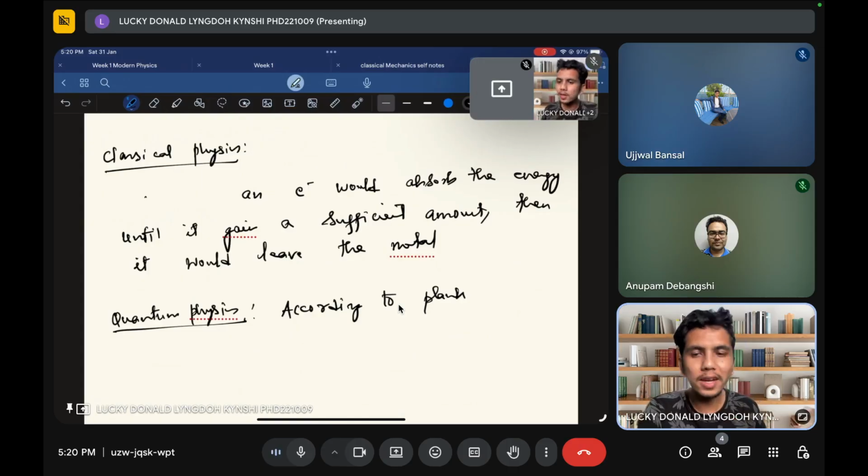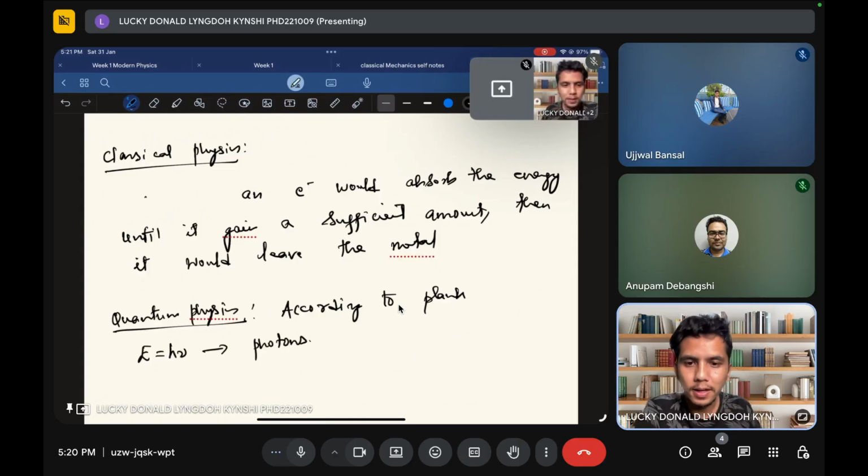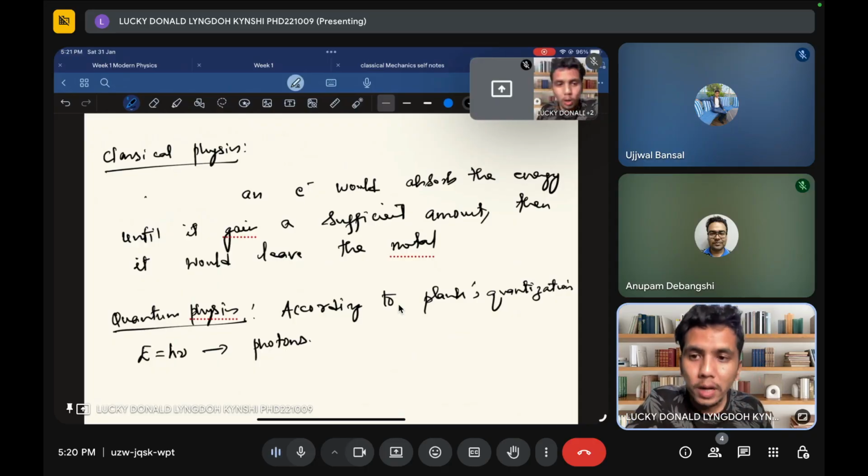He doesn't consider energy as a wave, but as a particle, given by the energy equal to h mu, or the energy of a photon. According to Planck's, I can say quantization. Light, or whatever you can consider as energy, of energy E is considered as a photon of energy h mu.